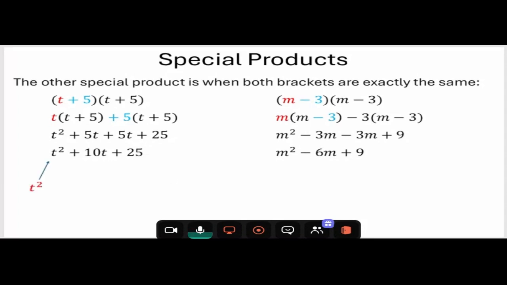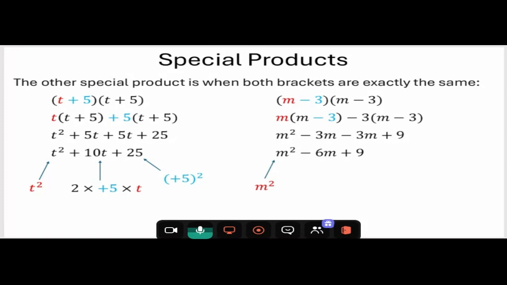So let's analyze this pattern. When we have t plus 5 times t plus 5, t plus 5 times itself, the first term ends up being t squared. The last term ends up being positive 5 squared. And the middle term ends up being double 5 times t, 2 times positive 5 times t, 10t.